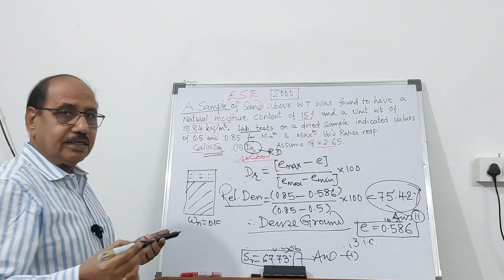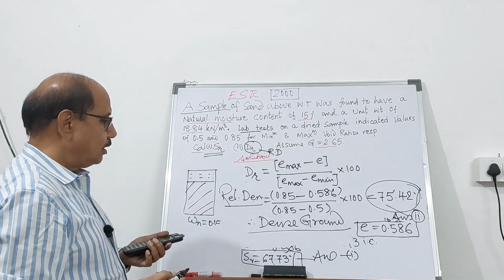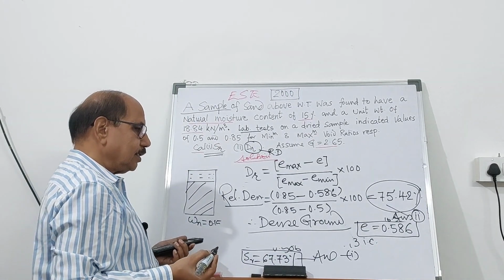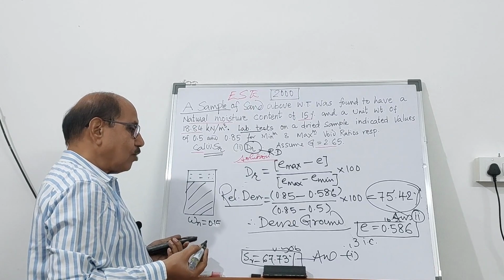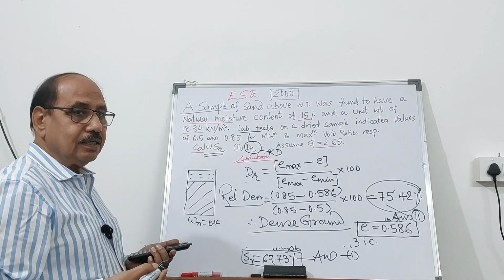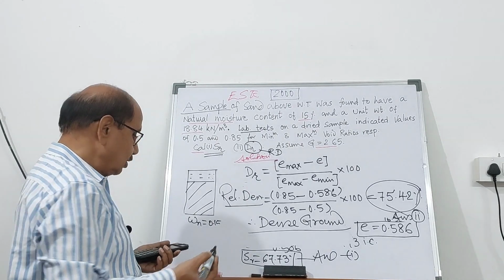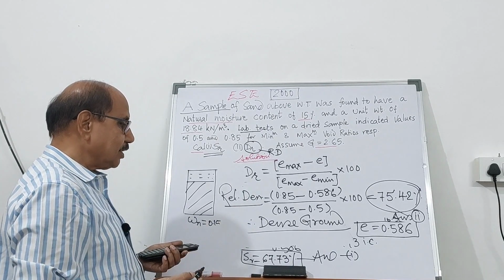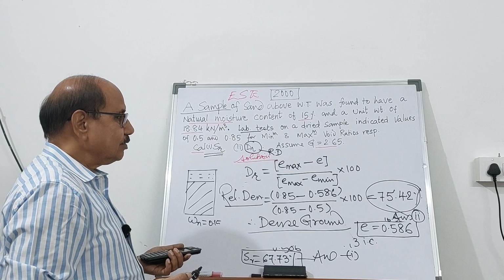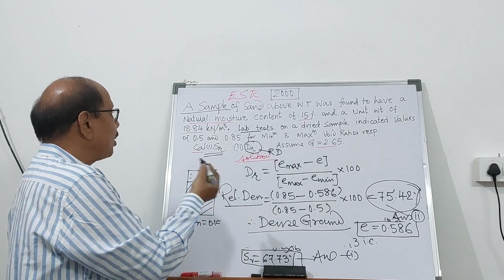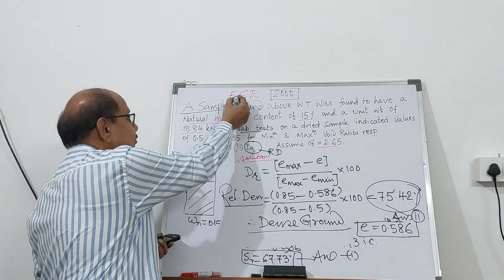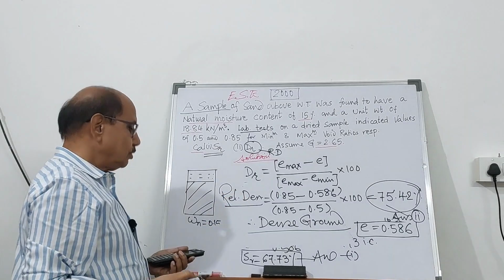Relative density gives you an idea about the ground condition, whether it is poor ground, medium dense or dense ground. Depending upon the relative density, you can easily find it out. This problem was asked in the Engineering Services Examination in 2000.